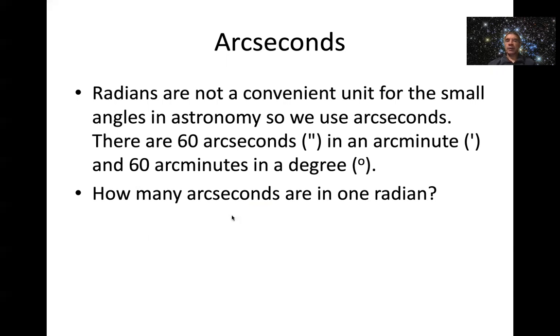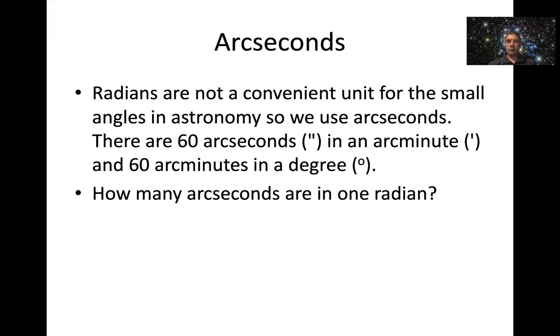So many of our formulae will deliver angles in radians, and we need to be able to convert from radians to arcseconds. And astronomers are doing this almost on a daily basis usually. So how many arcseconds are there in 1 radian? Okay.